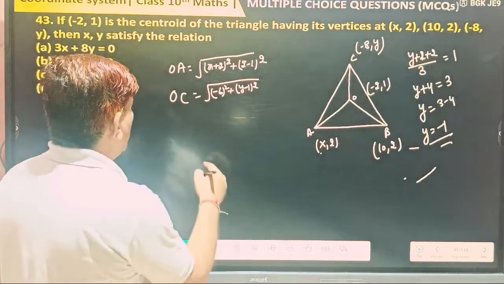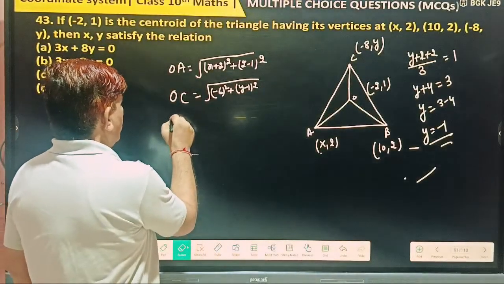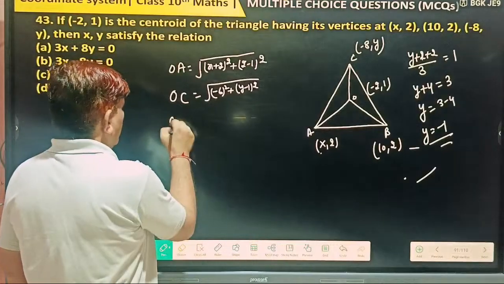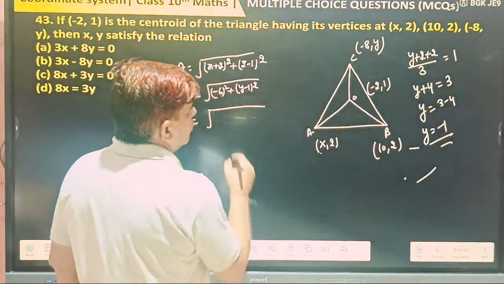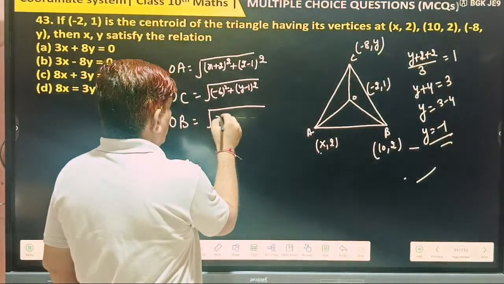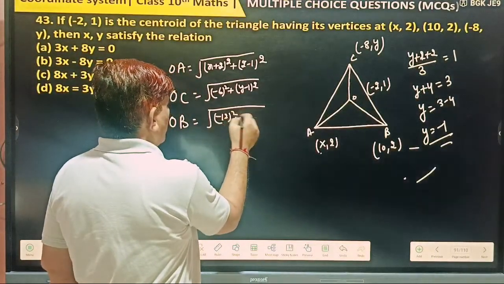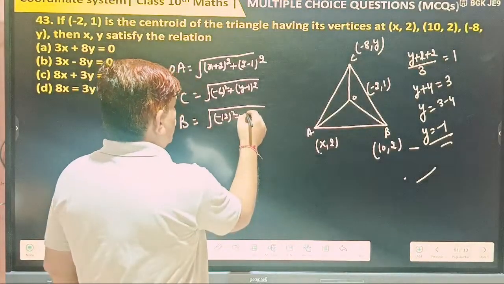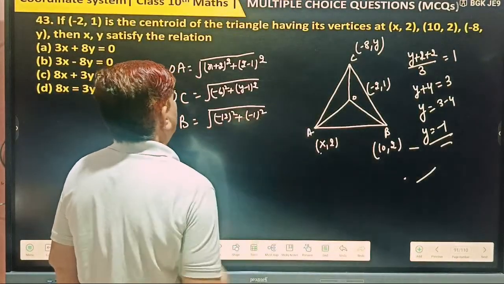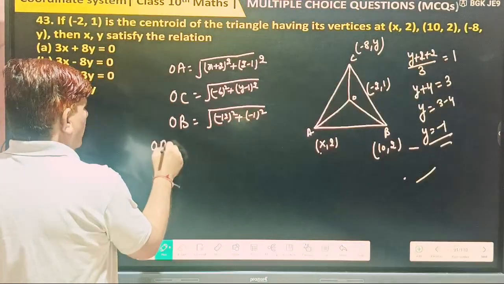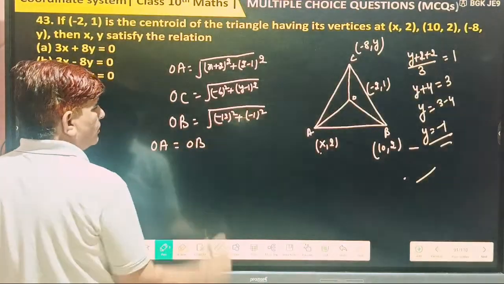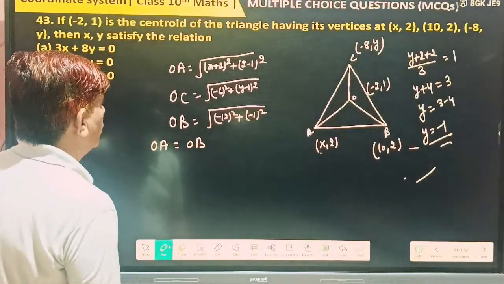And OB, we will find out. OB equal to under the root minus 2 minus 10, so minus 12 square plus 1 minus 2 minus 1 square. So we will put OA equal to OB.